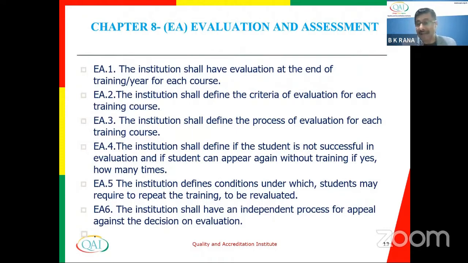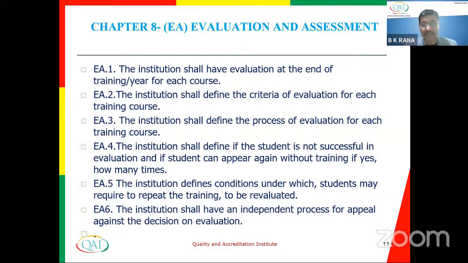Can a student come back and attend that training again? If so, how many times do you provide that opportunity, or if not successful, does the student have to attend the entire course again? You define whatever you are going to do. The institution defines conditions under which students may be required to repeat.